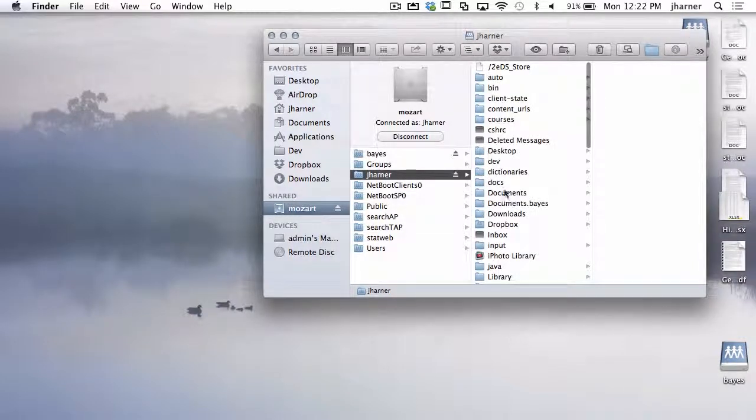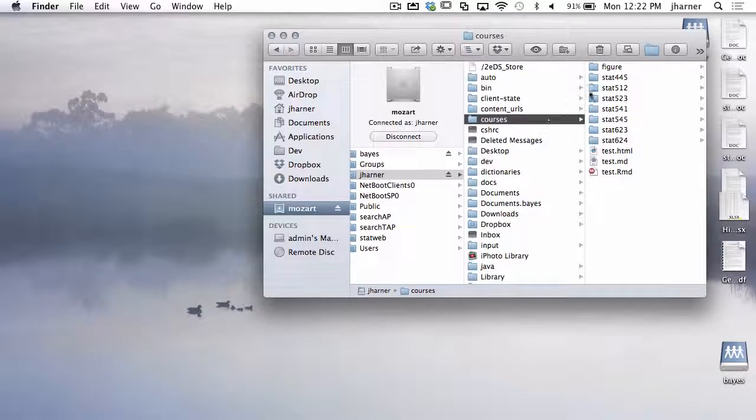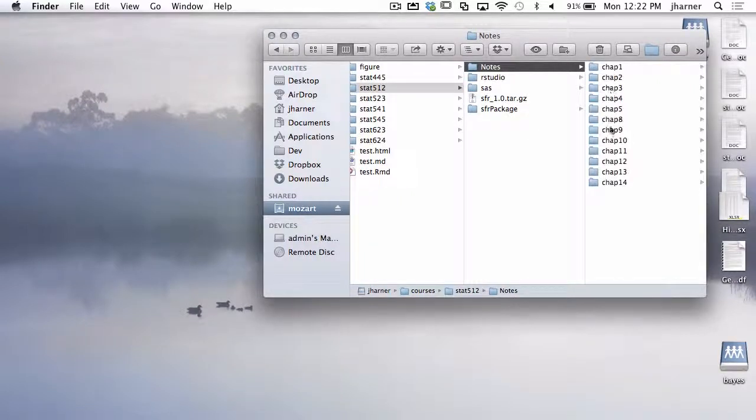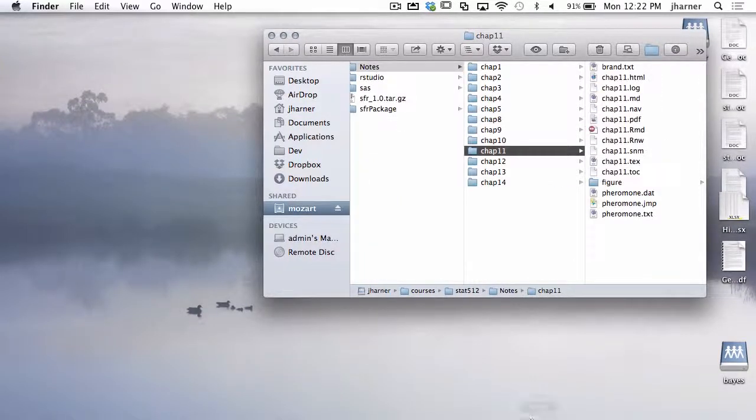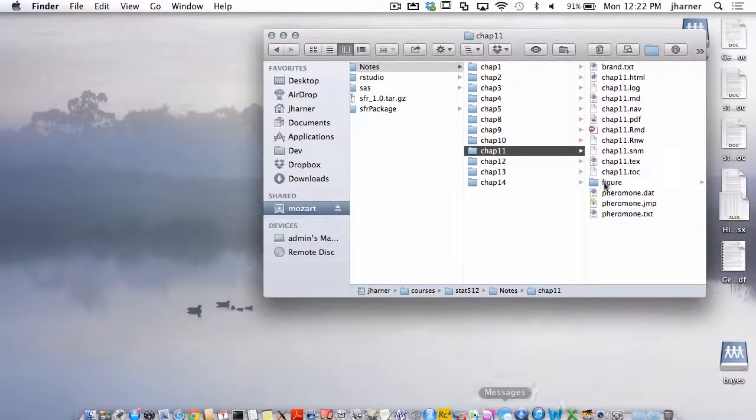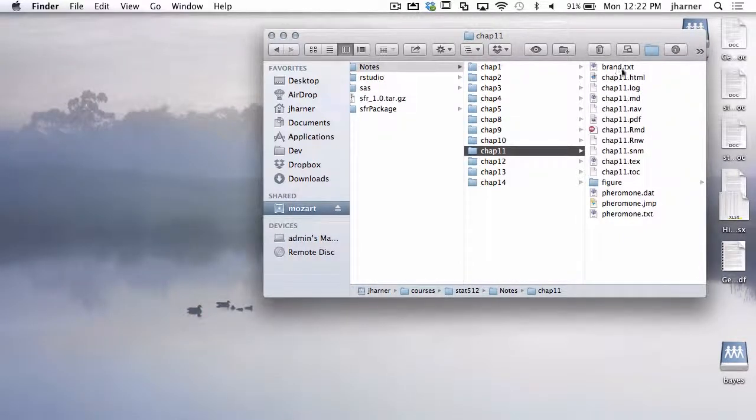So let me find the equivalent thing. We're looking at chapter 11, and I think initially we were looking at brand and pheromone. Those are the two.